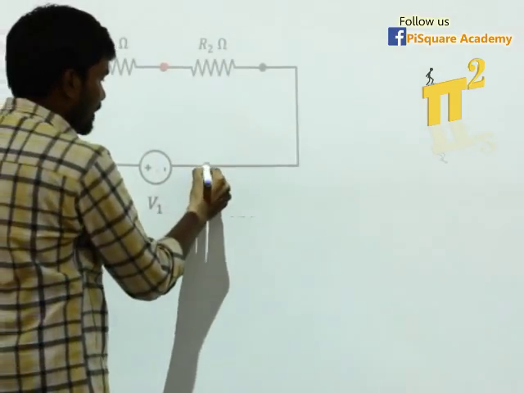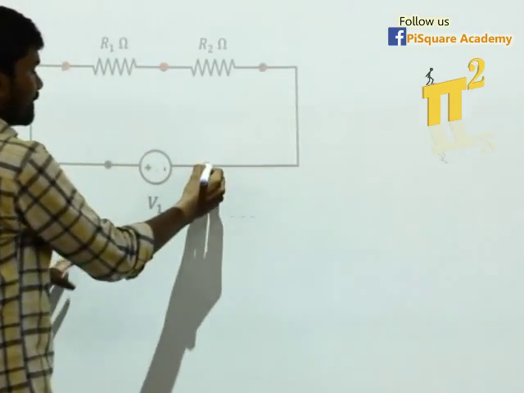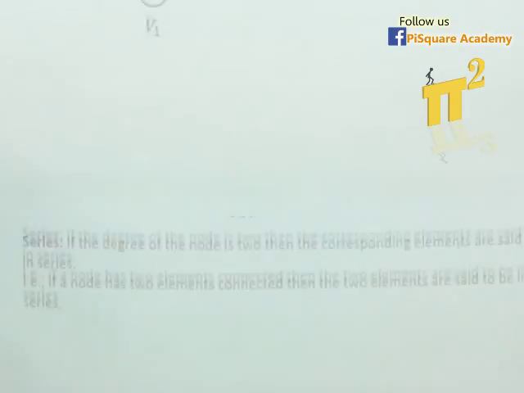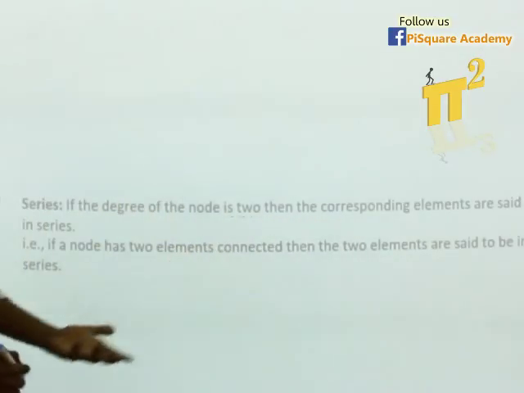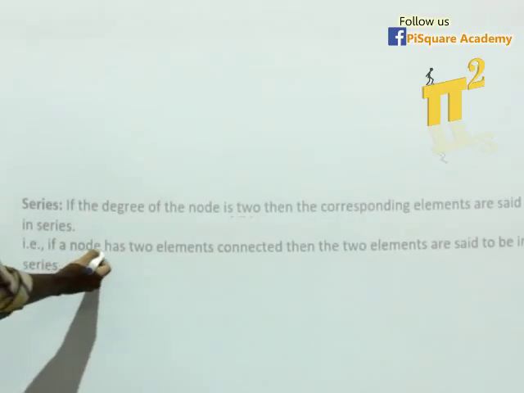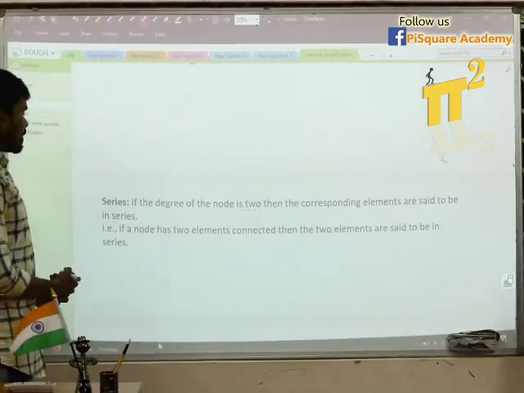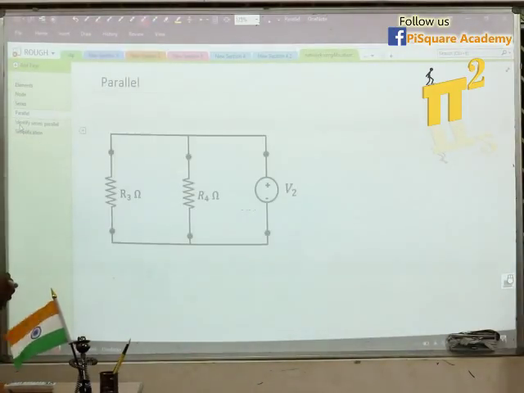They are also in series because they have the same node and the degree of this is 2. So definition is, if the degree of the node is 2, then the corresponding elements are said to be in series. That is, if node has two elements connected, then those two elements are said to be in series. I think it is clear.